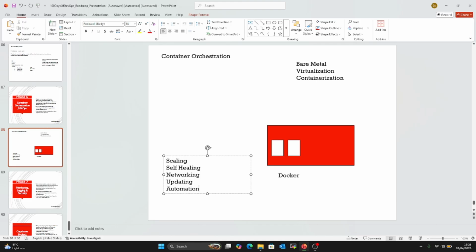So what exactly is orchestration? When you hear orchestration, the first thing that comes to your mind is orchestra. And a lot of us, if not all of us, know what an orchestra is. An orchestra is a group of musicians, a group of instrumentalists coming together. They play different instruments and then they make music out of it, right? So there are different aspects of an orchestra.